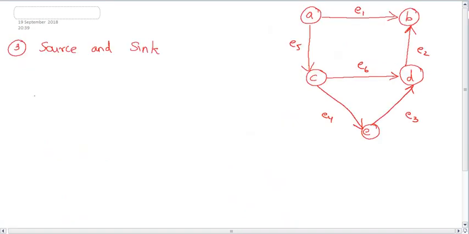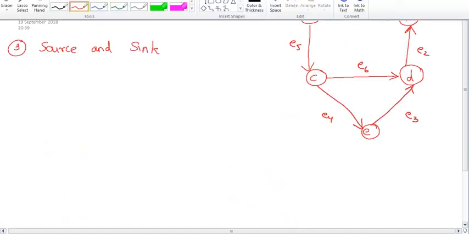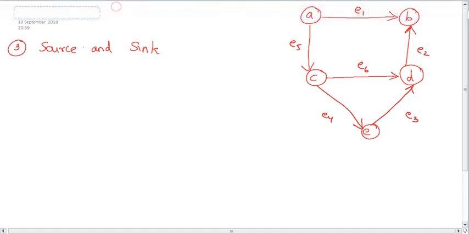Now let us consider the third terminology, that is source and sink. What is source? In the name itself it exists that it is the source of an edge, something like the edge starts from there.